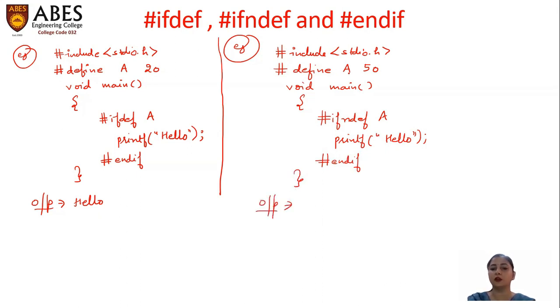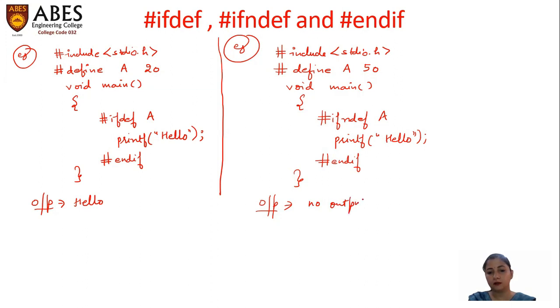Here I've defined a macro A whose value is 50. Now in the main function, I've written #ifndef. It will check whether this macro is defined or not. Here macro A is defined, so it will return false, because #ifndef will be executed only if the macro is not defined. So this printf statement will not be executed and there is no output.